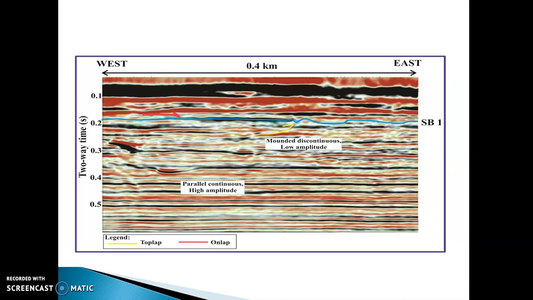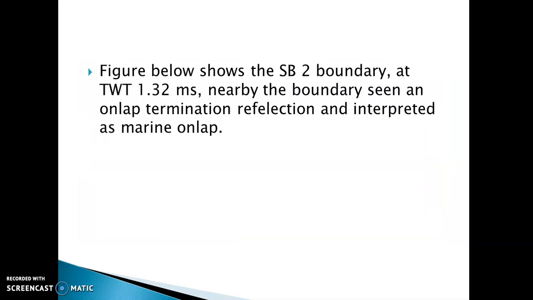This figure shows sequence boundary 1, which consists of toplap and onlap reflection termination, and the seismic facies consist of mounded discontinuous, parallel continuous, and high and low amplitude.